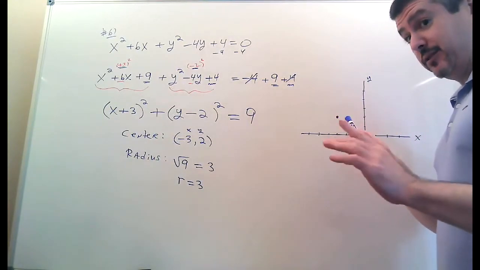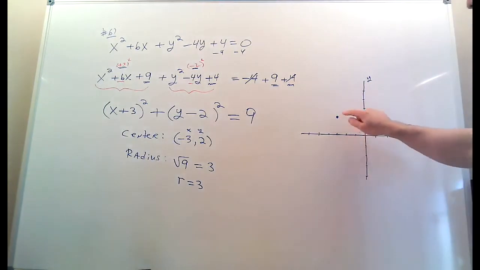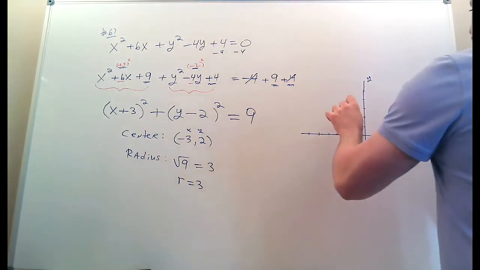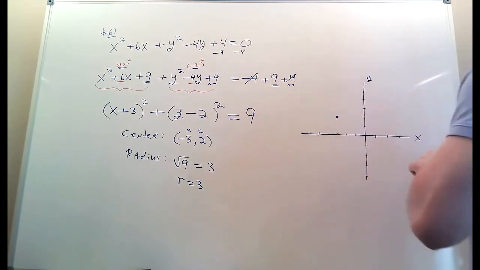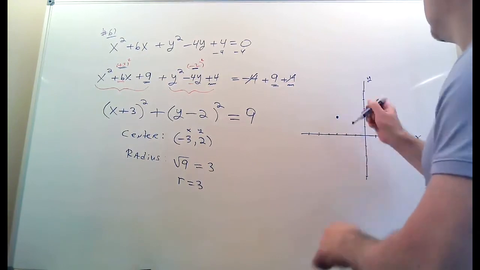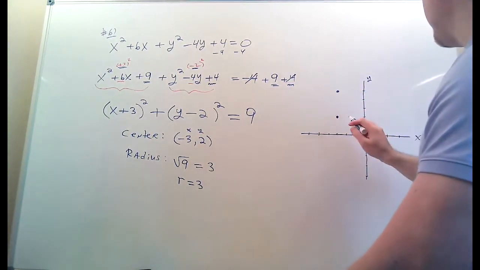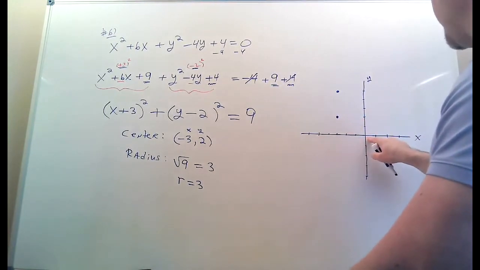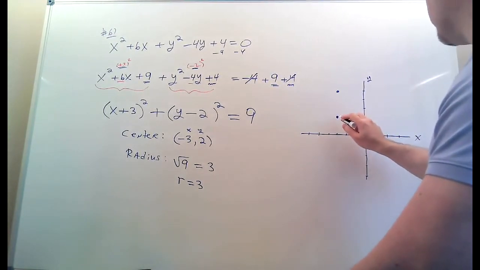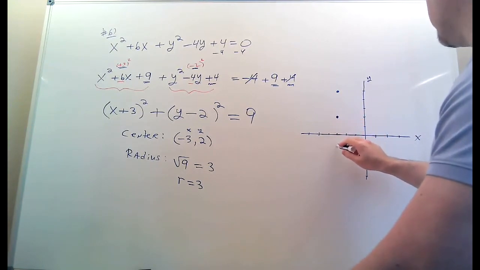Okay, so now starting from your center. This is important. I've seen people come over here and go up, down. This is ridiculous. You got to start from the middle. So starting from your middle dot, first I'm going to go up 3, then I'm going to go down 3. So from here, I'm going to go up 3. 1, 2, 3, right to there. Then I'm going to go down 3. Now be very careful. You cannot hop over the x-axis. You got to count it. 1, 2, 3.